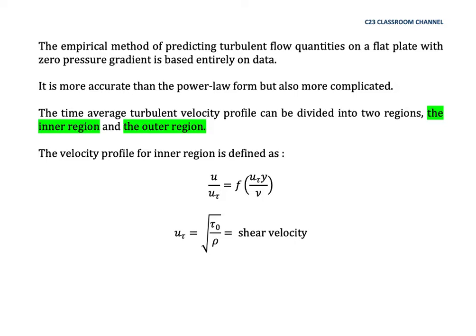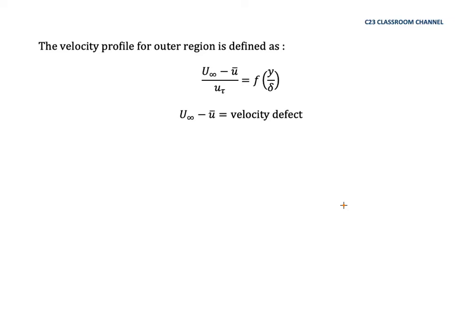So the velocity profile for the inner region is defined as this one. And the velocity profile for the outer region is defined as shown in this slide. U infinity, the free stream velocity, minus u bar over u tau, and then we could plot that as a function of y over delta.